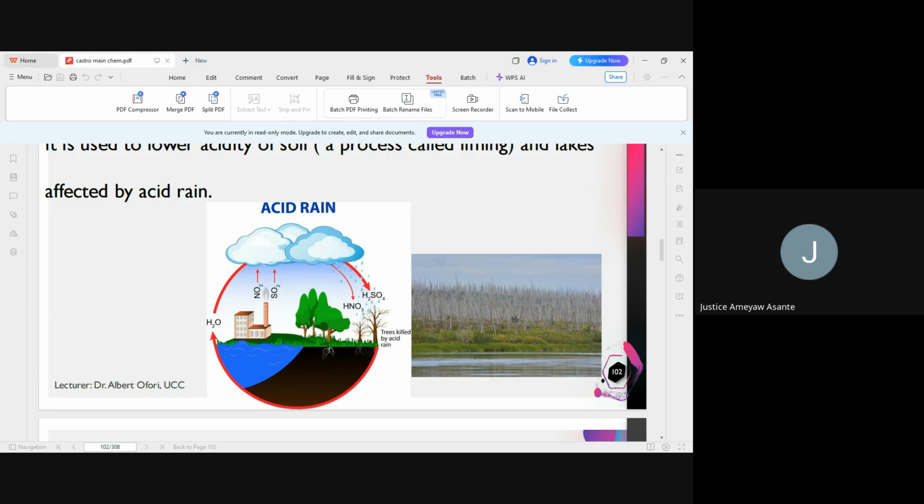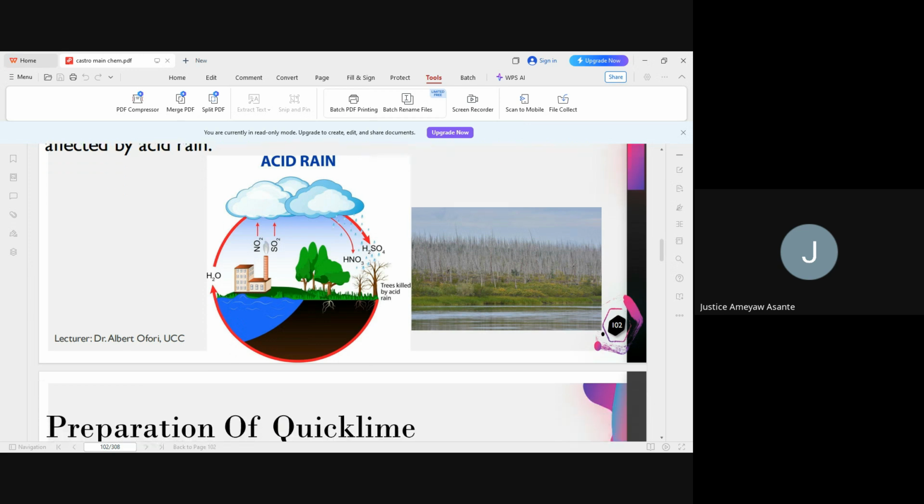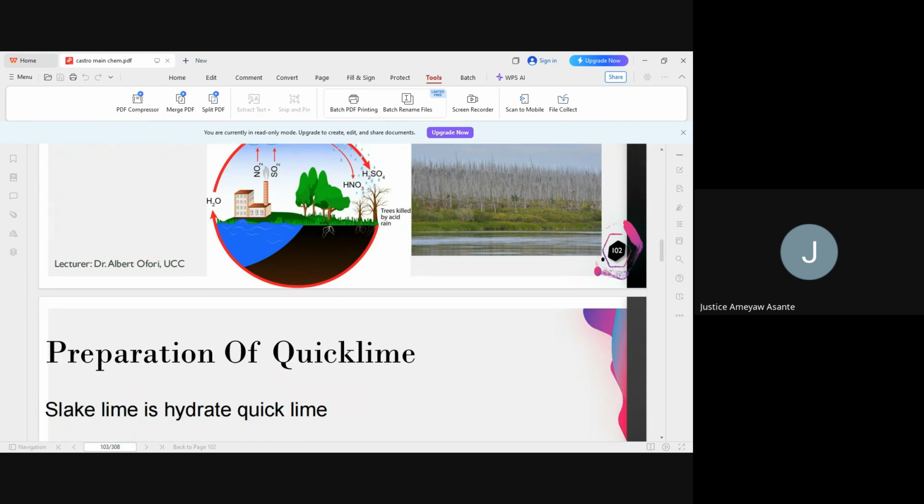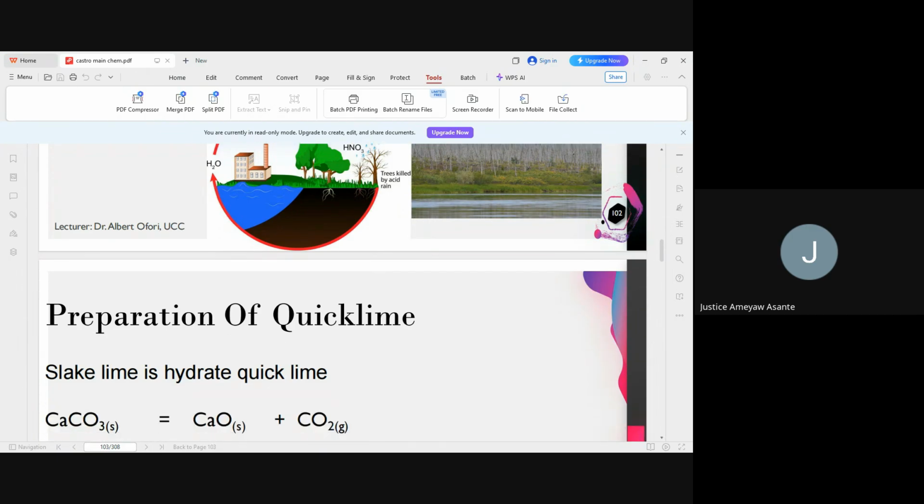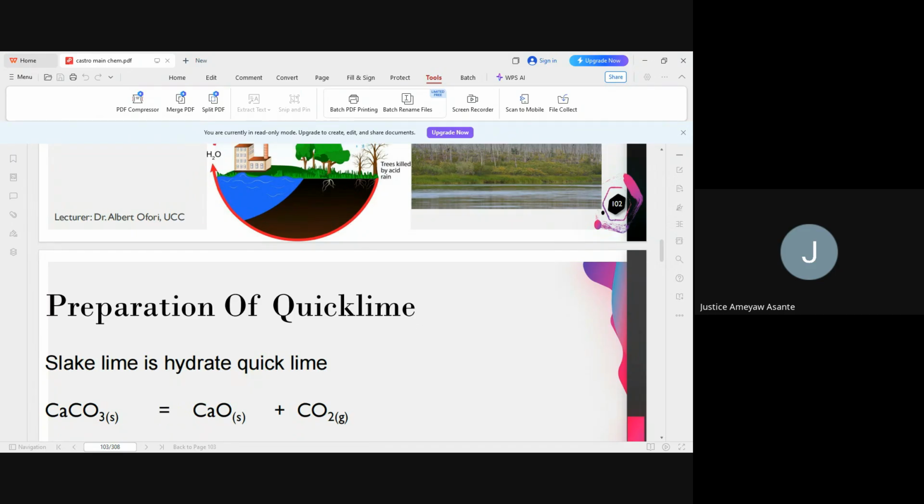If it is sulfur dioxide, you form sulfuric acid. And this water will come and settle in the pool. So the pool that we're going to fetch water from is already acidic. So in order to neutralize it, you go and lime it by putting lime in it, and you just neutralize it to get the right water.